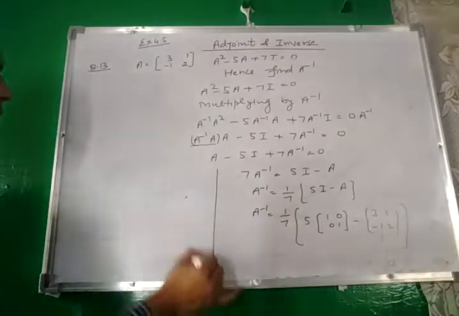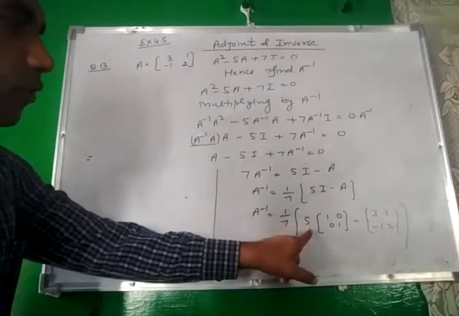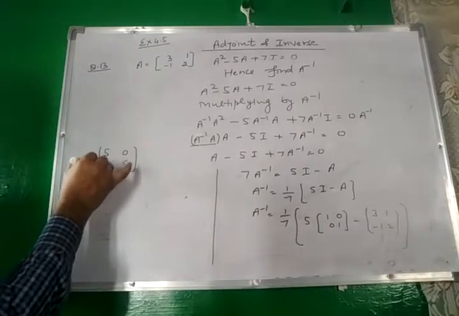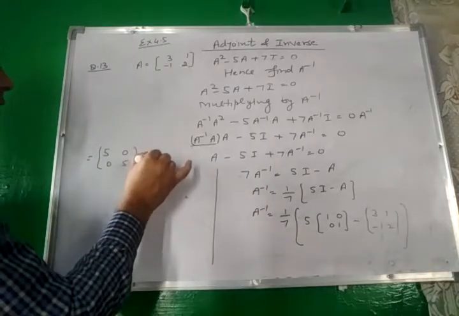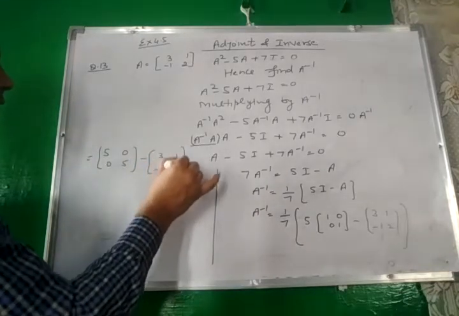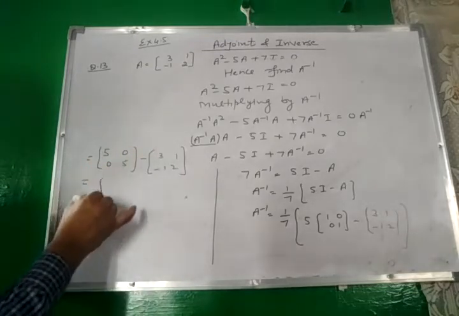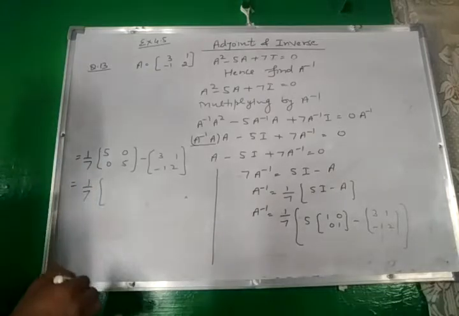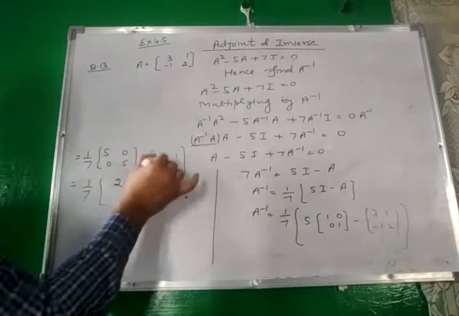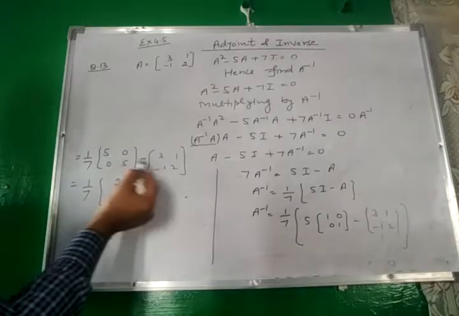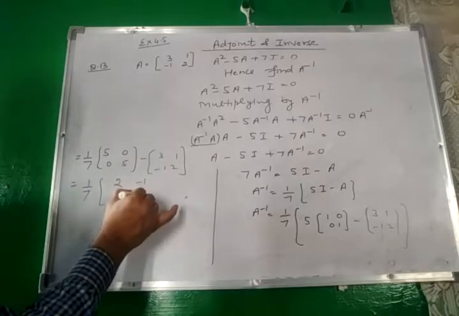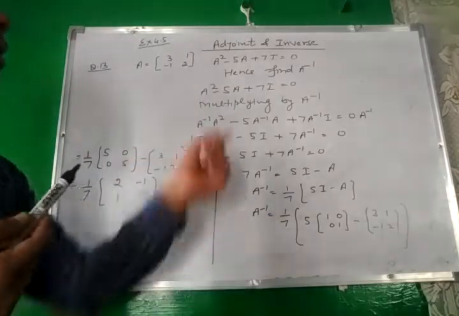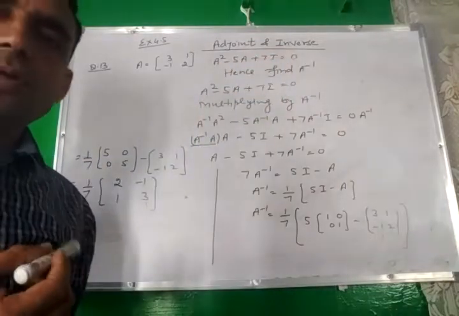So what we get? 5 multiplied with this, yani [[5, 0], [0, 5]] minus [[3, 1], [-1, 2]]. 1 upon 7. So what we get? 5 minus 3, 2. 0 minus 1, minus 1. 0 plus 1, 1. Or 5 minus 2, 3. This is the inverse of A by using this equation. Okay.